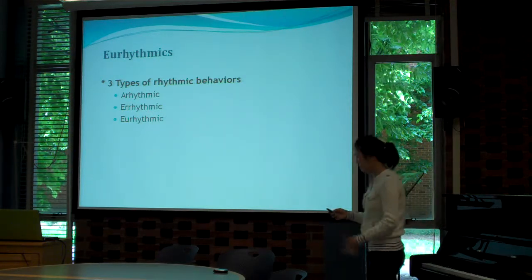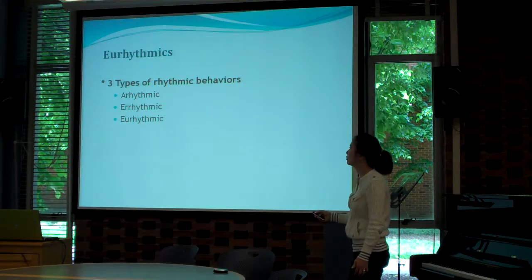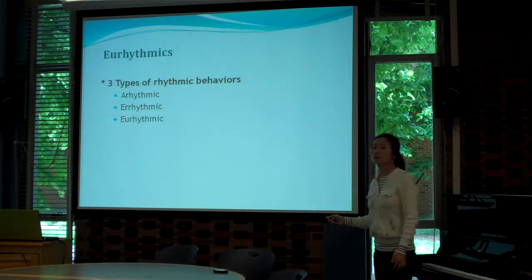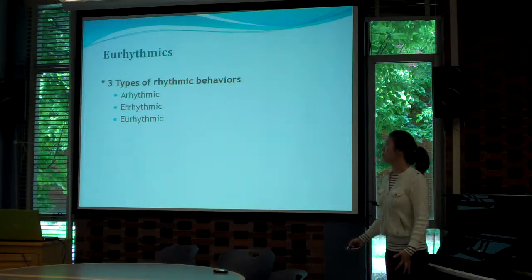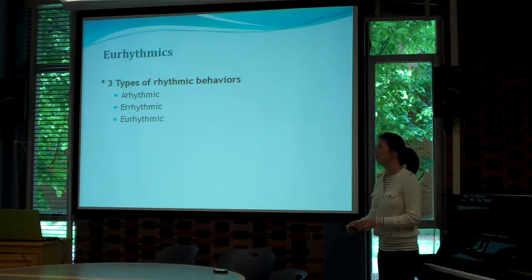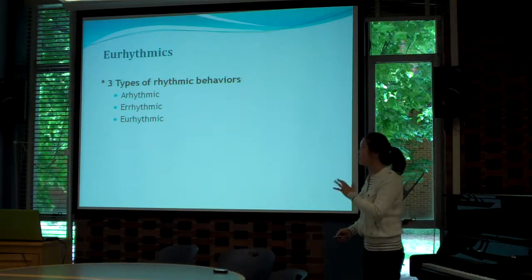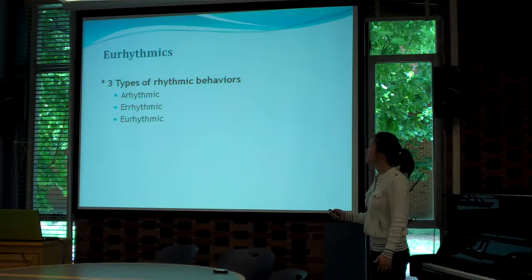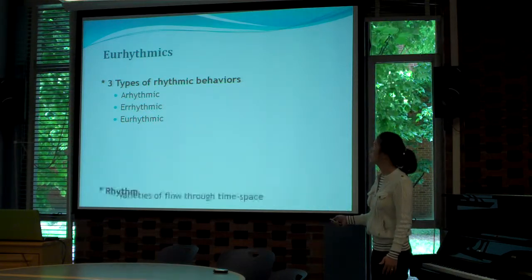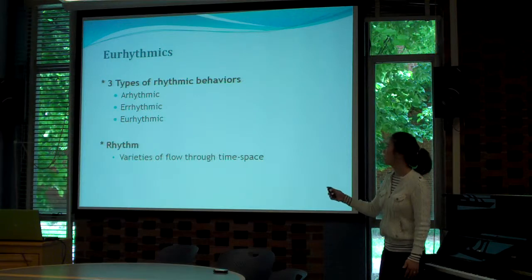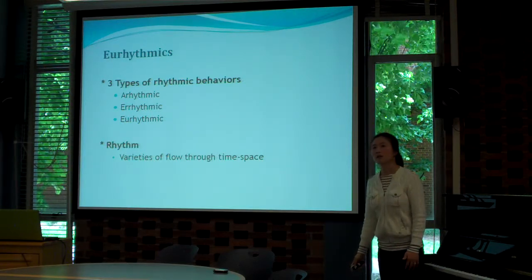So he coined the term eurhythmic. It has a Greek root, and it means good. So eurhythmic means good rhythm. He also defined rhythm as a variety of flow through time and space.